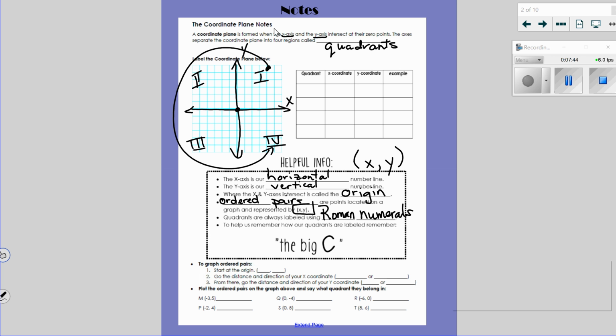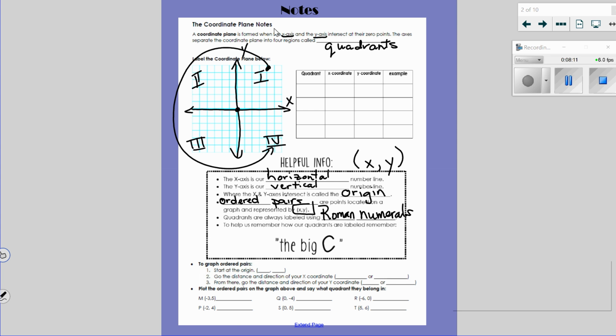Yes, you must use Roman numerals because that specifically tells me you are talking about quadrants in the coordinate plane. There are other uses for Roman numerals, but this is a specific math use. Anytime we talk about it, it's going to be one of those 4. So really what we're looking at here, guys, is 6 pieces that build up our coordinate plane, right?